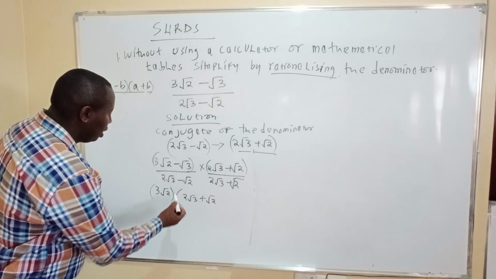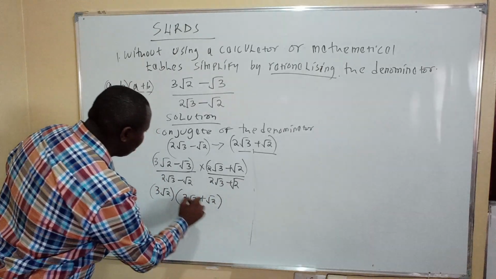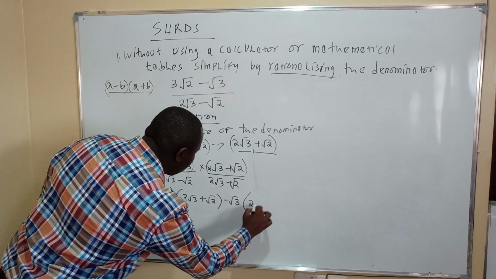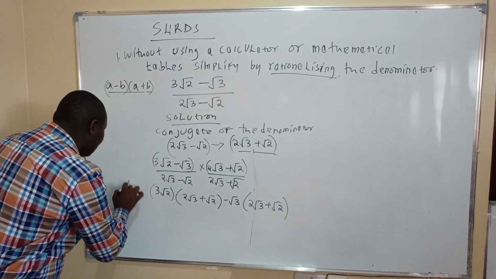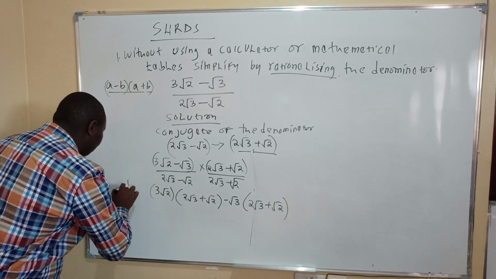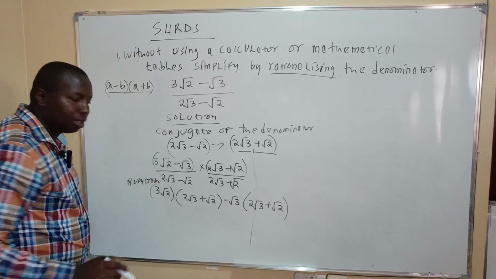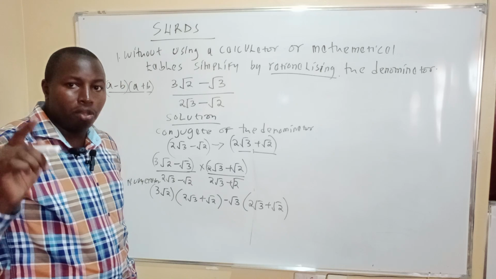So 3 root 2 open 2 root 3 plus root 2, and then you take minus root 3 and open 2 root 3 plus root 2. That's the numerator. You first finish up with the numerator.